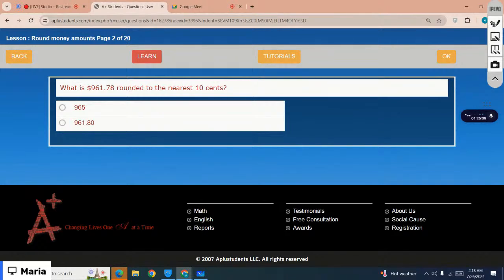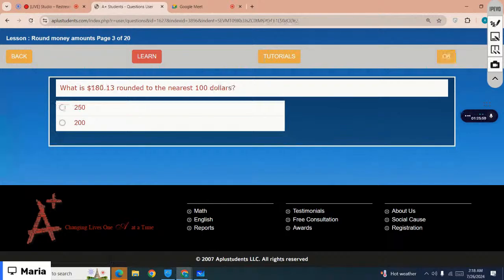The correct option is, very good, that is number two. 961.80 is the correct option because you have to round off to the nearest 10 cents. So that is 961.80. Option number two is the correct option.